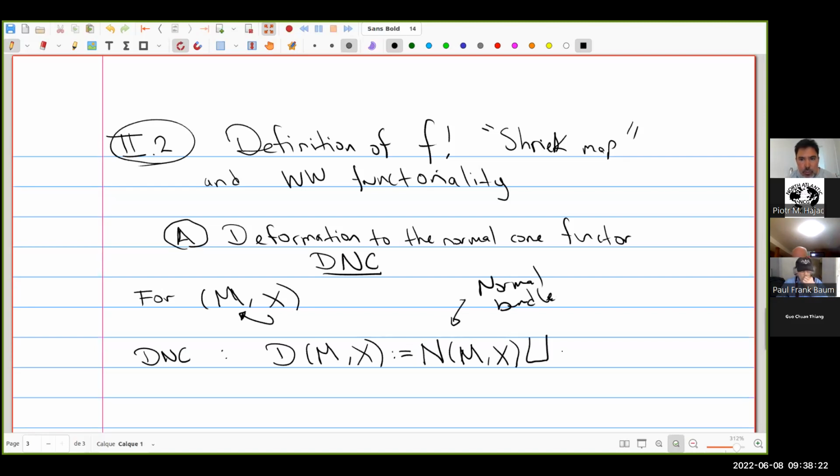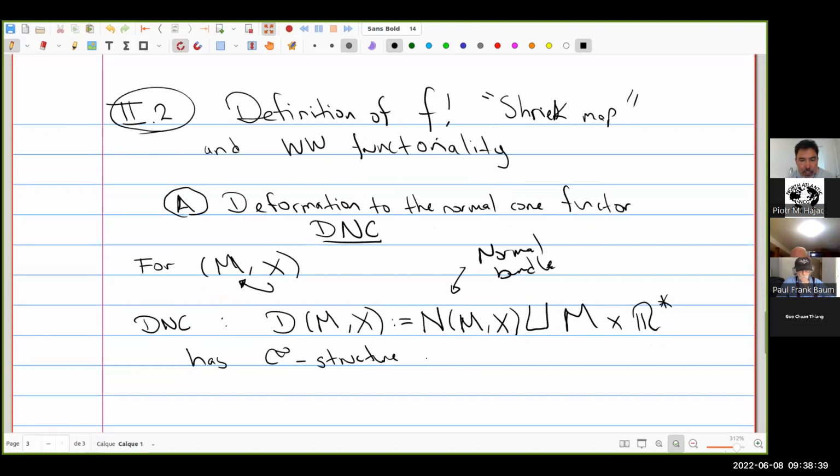And this disjoint union with M times R without 0. What is important is that it has a C-infinity structure with good properties. Essentially I will mention two. This part, with its product C-infinity structure, is an open dense submanifold.